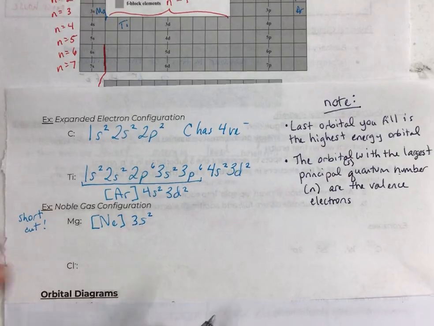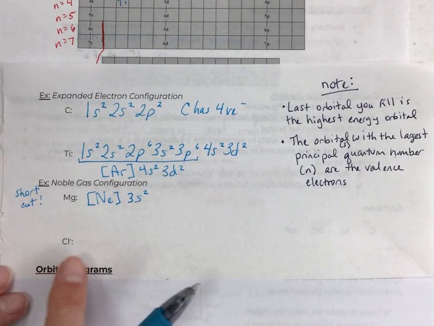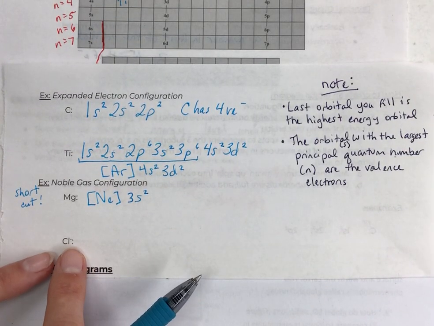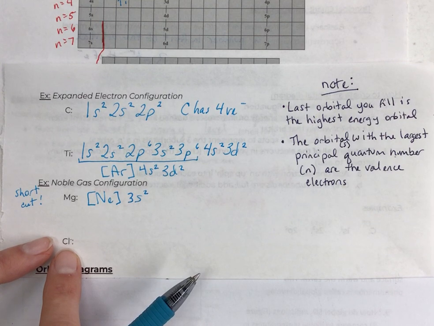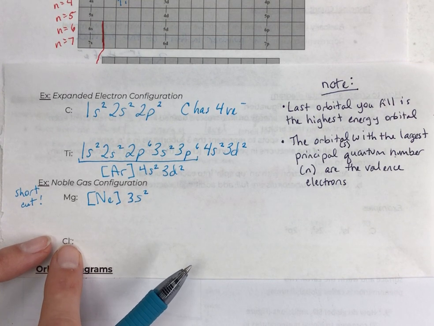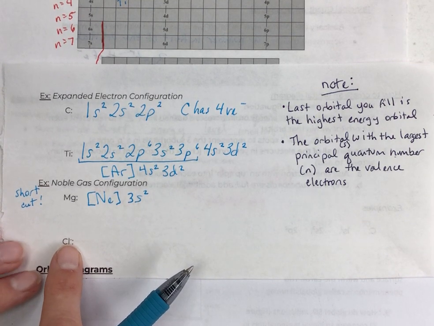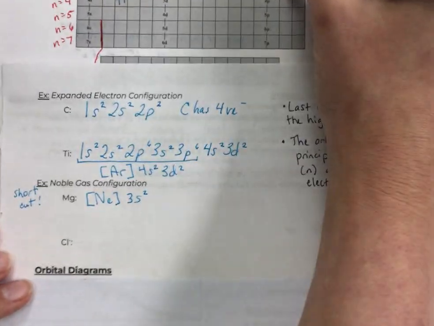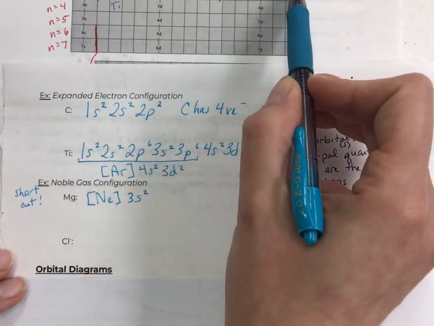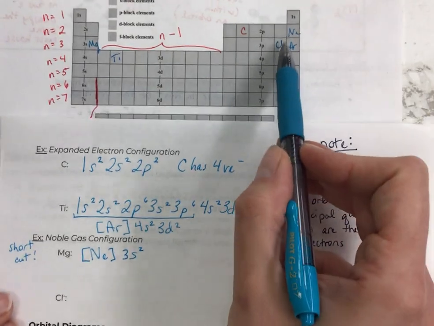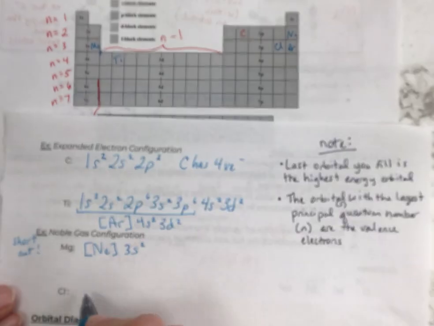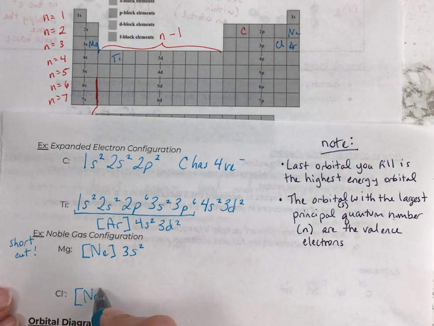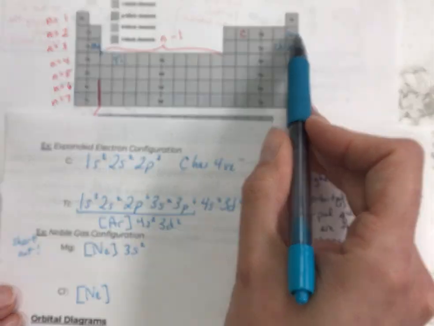So if you haven't already, pause for chloride. Now the trick to chloride is we have another negative here. So we're going to write the electron configuration out and then account for that extra electron as we're going through. So chlorine is right here next to argon. So it's also neon as its previous noble gas. And we're going to start with neon and then list what's after neon all the way to chlorine.